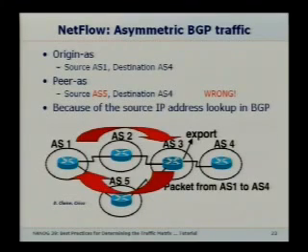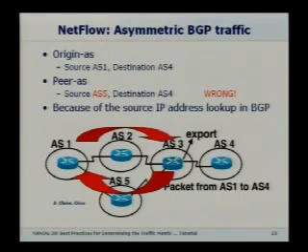So if I export my flow record, it says destination AS is AS4, which is correct. And it says the source AS is AS1, which is also correct because we know from who is advertising that IP address.